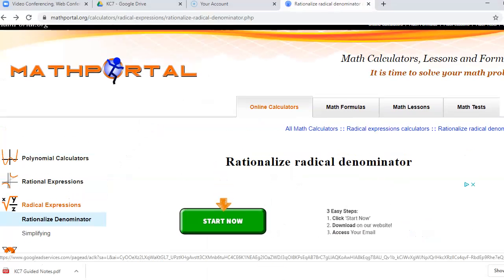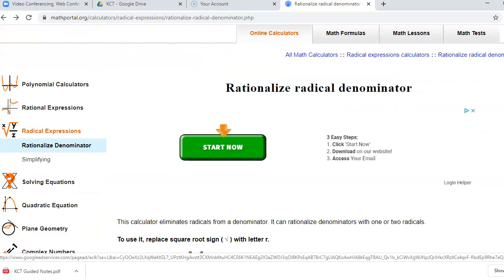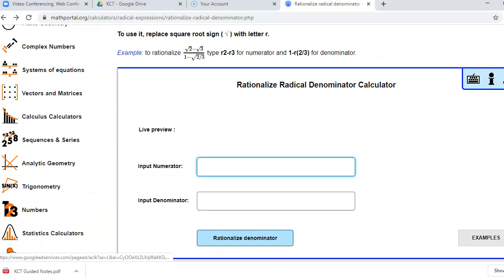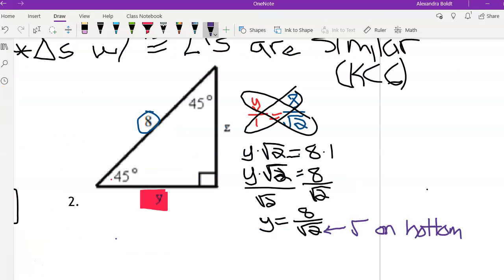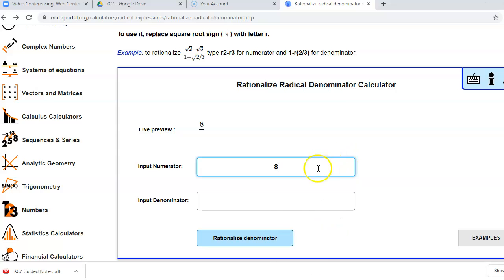It's Math Portal. It's rationalize your radical denominator. And all you're going to put in is, for my numerator, the number on top, 8. And my denominator is the square root of 2. And if you read, they replace the square root sign with the letter R. So I'm just going to put R of 2.